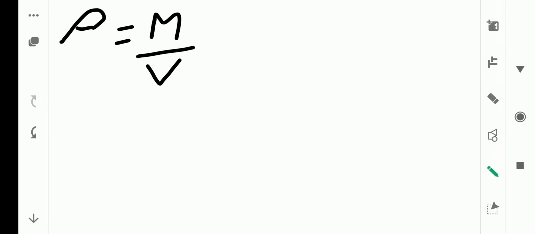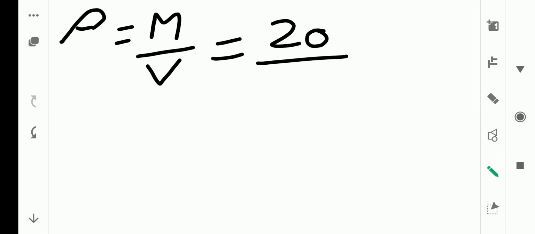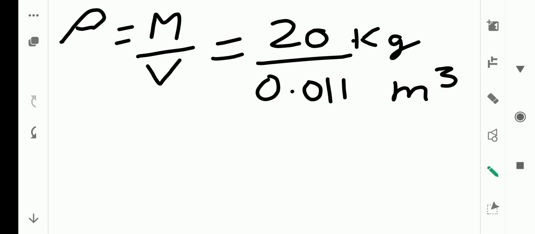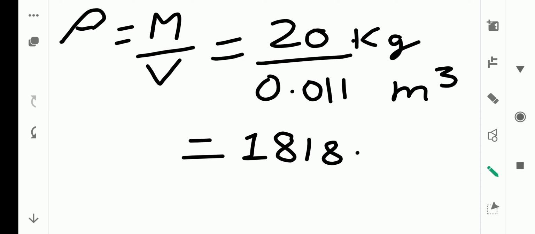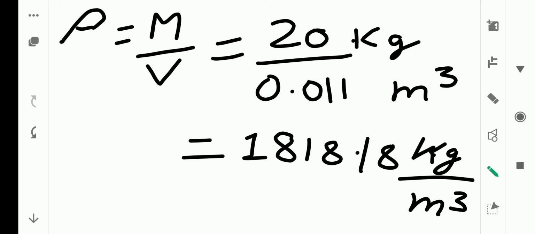What is the mass of the soil? It is 20 kg. What is the volume? It is 0.011 meter cube. This is kg and this is meter cube. Hence, what will be the density? After using the calculator, you will find that it is 1818.18 kg per meter cube.